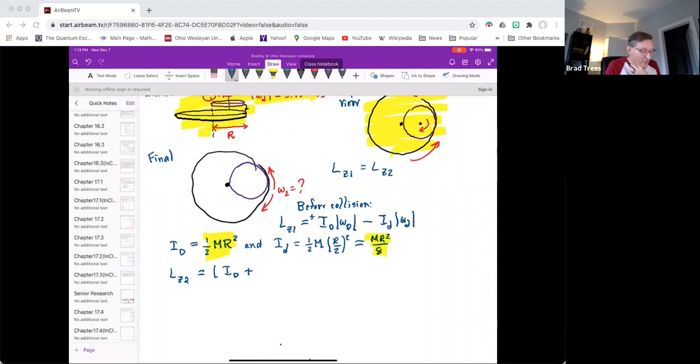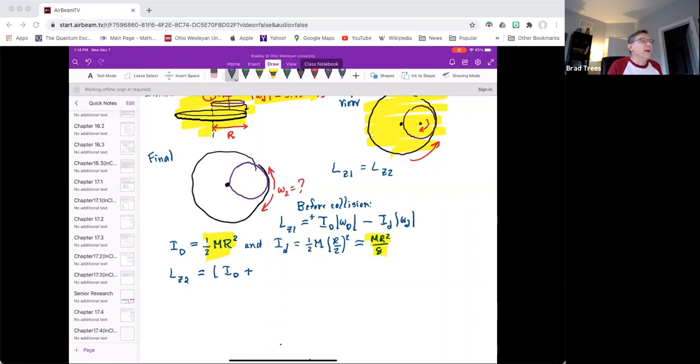Now here I have to be careful because the little disk is now rotating about that axis at the center of the big disk, which means the little disk is no longer rotating about an axis through its center of mass. It's rotating about an axis displaced over to the edge of the little disk.